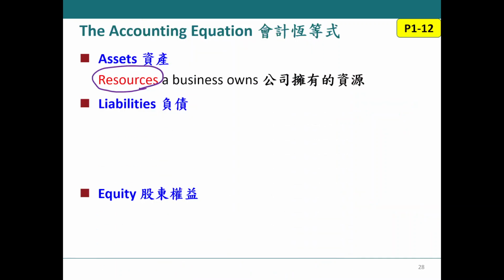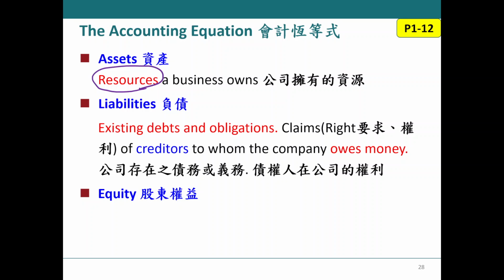So liabilities, that's your obligations. 责任义务. Obligations mean no matter what, you have to do that. You cannot refuse to keep your promises. So obligations mean you have to keep your promise.